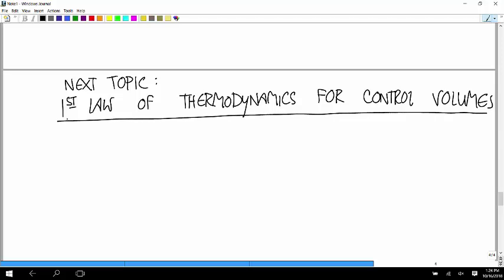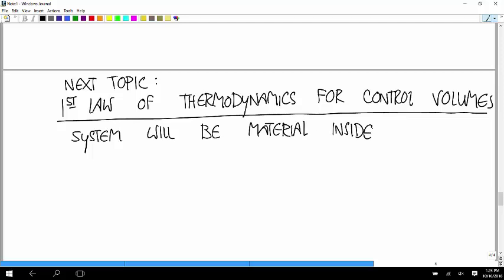And just like conservation of mass for control volumes, our system will be a material inside the chosen volume at each instant.